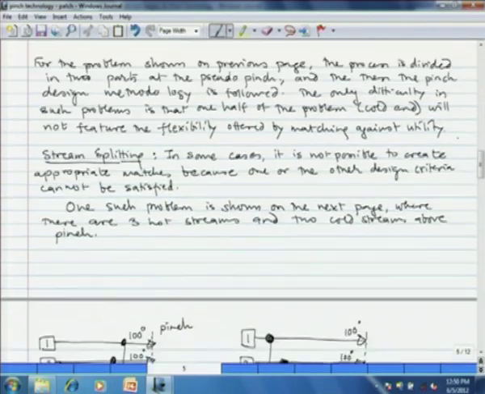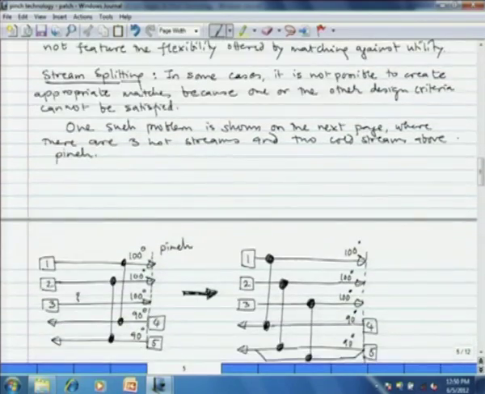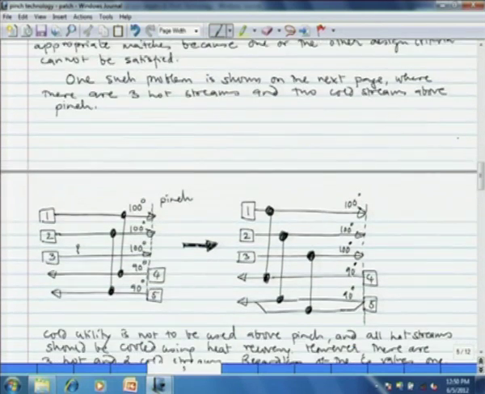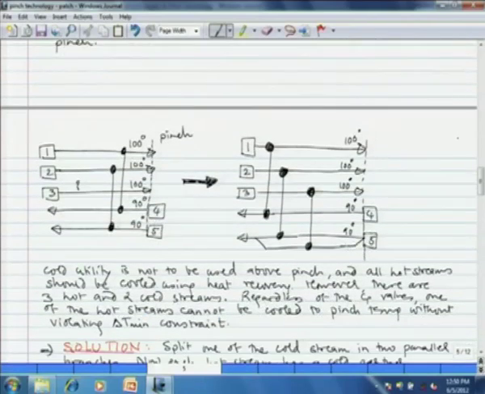Now, let us see one peculiar aspect of pinch design for a heat exchanger network, that is stream splitting. In some cases, it is not possible to create appropriate matches because one or the other design criteria cannot be satisfied. One such problem is shown here, where we have 3 hot streams and 2 cold streams above the pinch region.